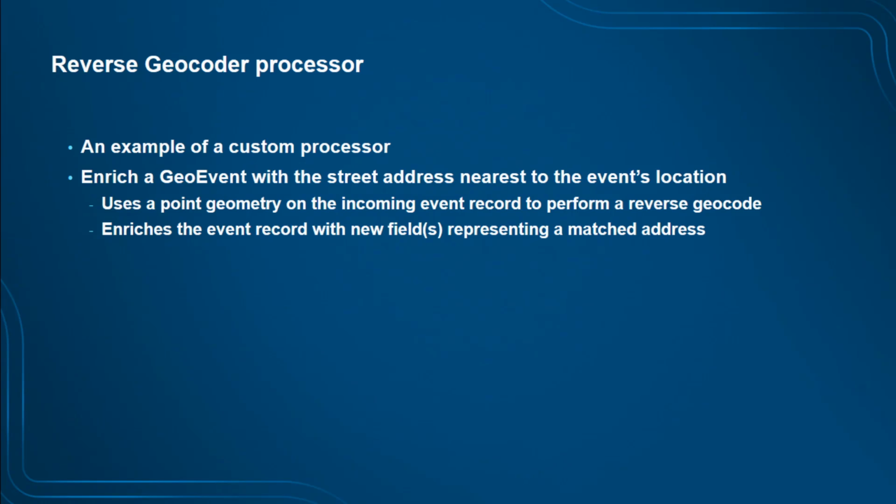This is an example of a custom processor that was written with the SDK, but it is available online. So if you need this, you should be able to download that. Really, all it does is take the geometry of an event and send it out to a configured geolocator to reverse geocode it, and then it enriches the incoming GeoEvent with the new address fields that it received from the REST call that it made to that locator service.